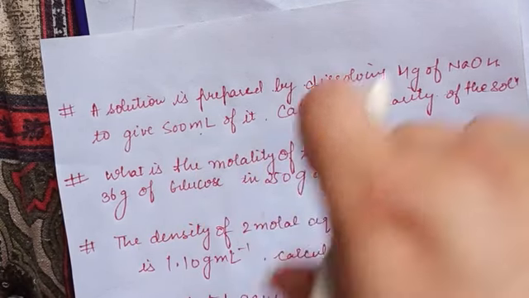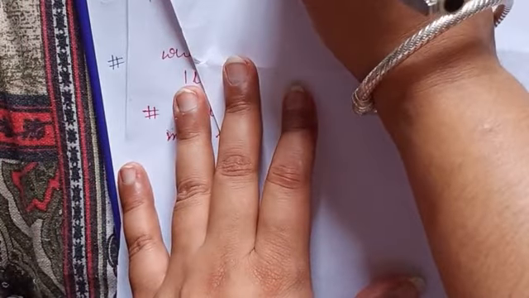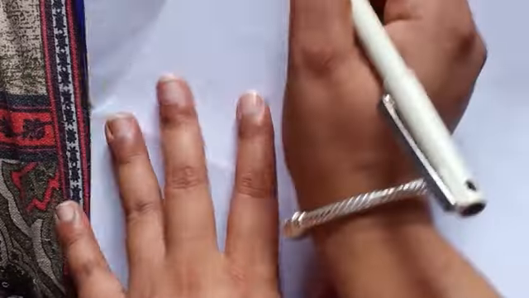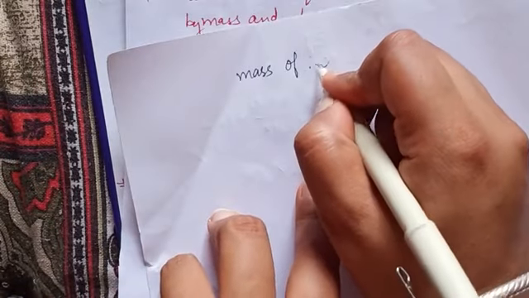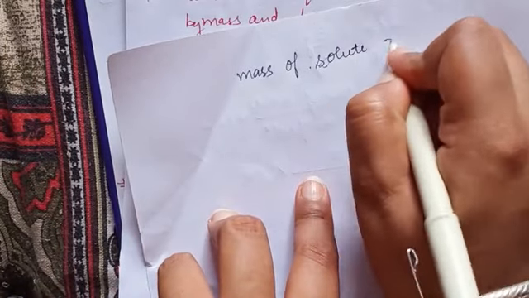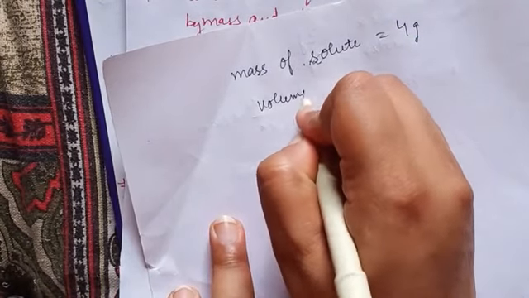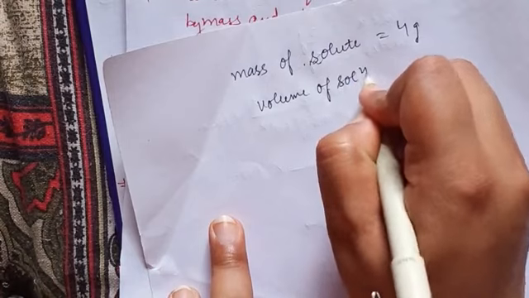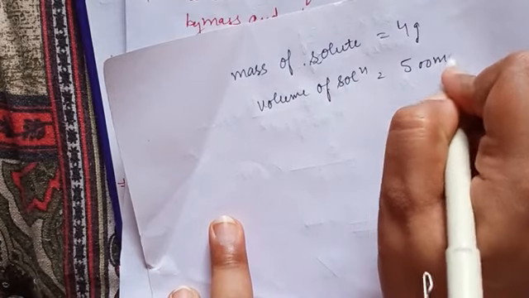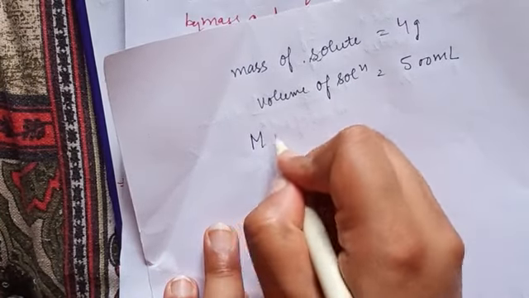Calculate molarity of the solution. Mass of solute we are provided with, that is 4 gram, and volume of solution, that is 500 milliliter.